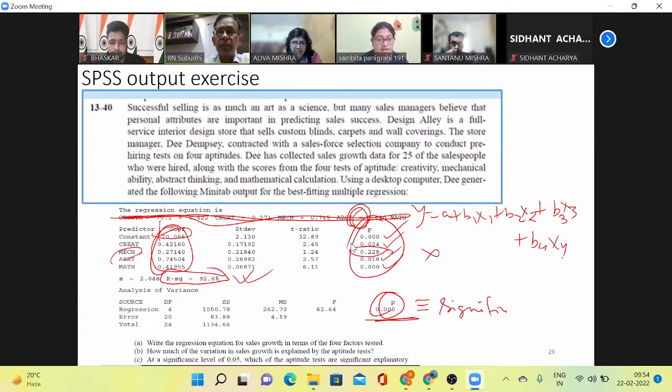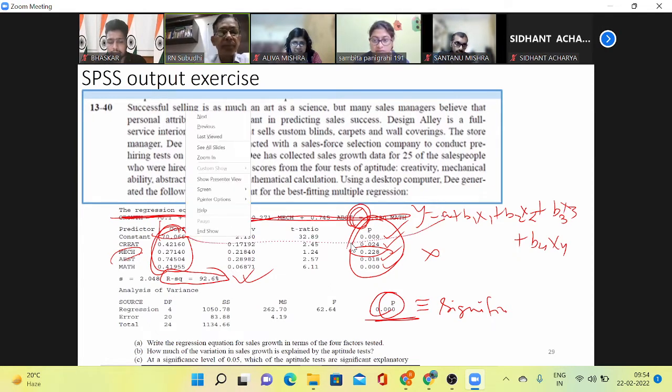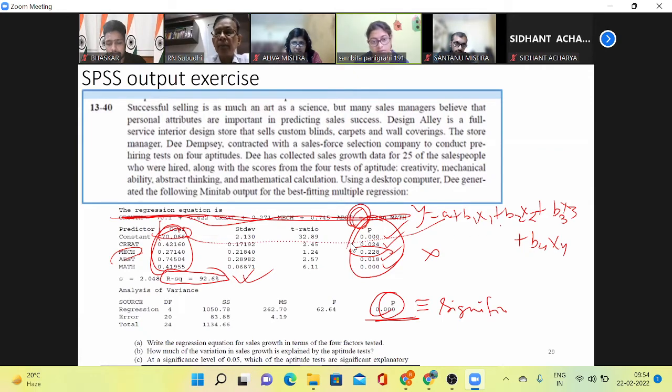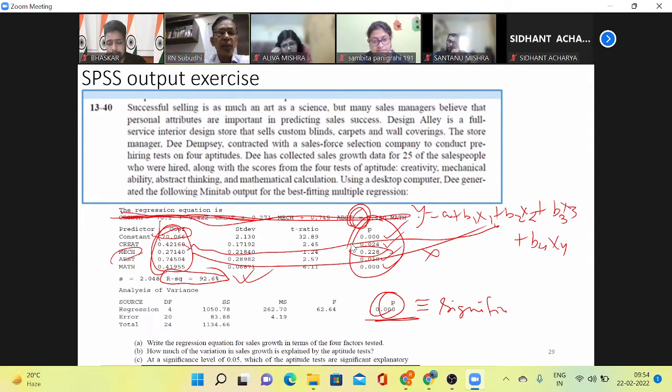This is a, this is b1, like this. Then we will be finding. This line will not be given, you have to write it on your own.